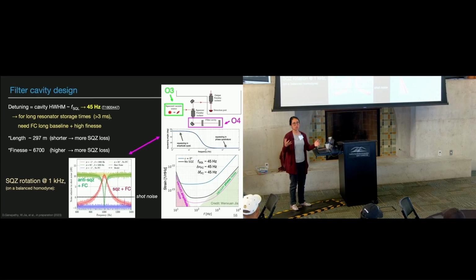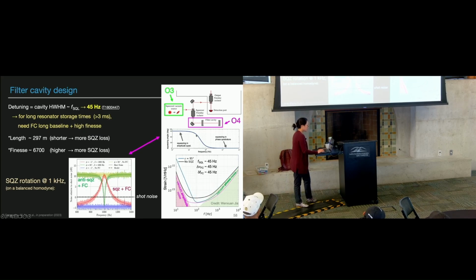So you can't have too many bounces because then you'll have too much loss. If you have your cavity impossibly long, it's very expensive, as you could imagine. So the parameters that we settled on was a 300-meter in-vacuum cavity with a bandwidth of about 75 hertz full width half max to achieve a 3 millisecond storage time to get the squeezing rotation in. So that's what we've ended up doing.